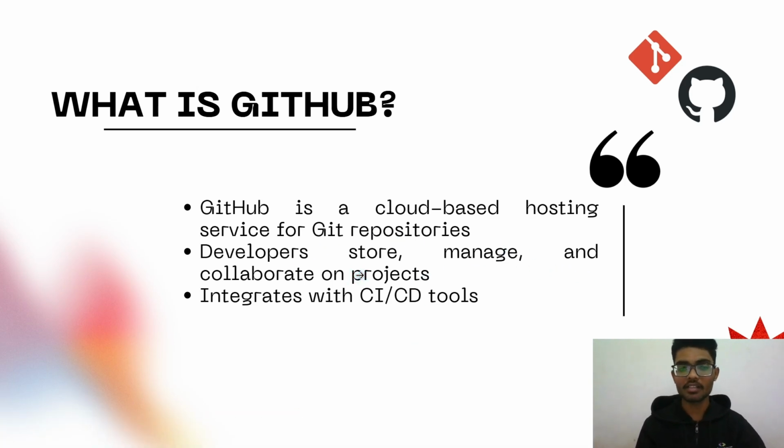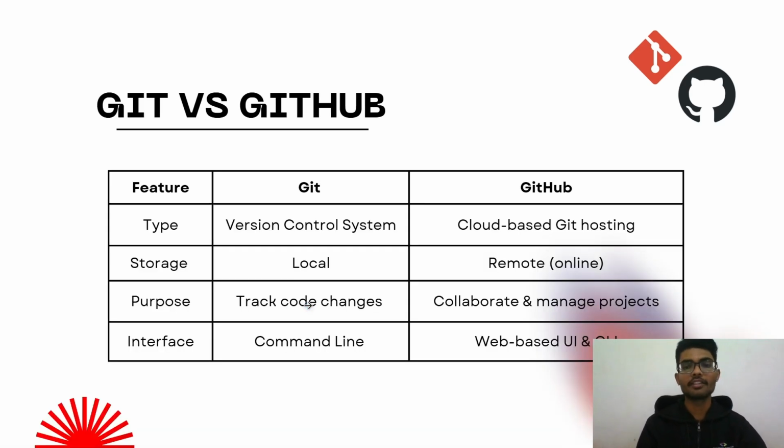And GitHub plays an important role in integration with CI/CD tools. This is exactly the difference between Git and GitHub. Features are like type, storage, purpose, and interface. So Git is a version control system. It is working on our local machine, while GitHub is a cloud-based Git hosting platform where the code and each part is stored so that everyone can access that, and it is remote.